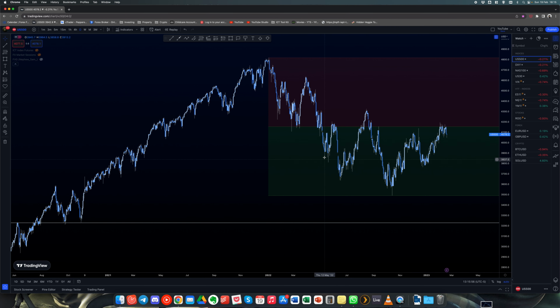We've got lots of nested lows here, intermediate, long-term. This would be intermediate, this would be intermediate, because you've got a short term and a short term on each side, and then they're nested, nested, nested all the way around.